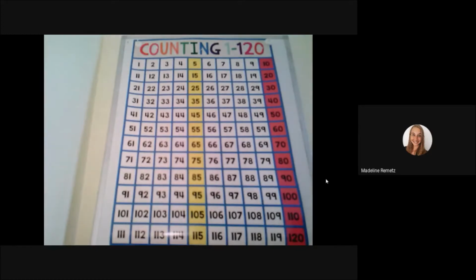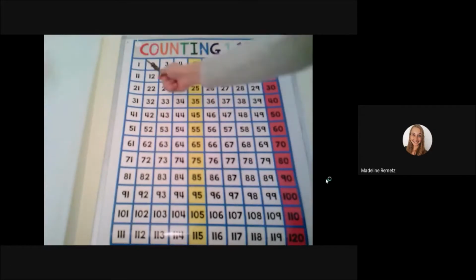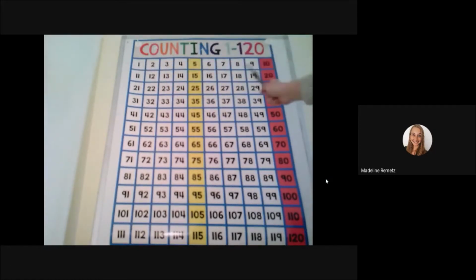I also remember you telling me how when we go across, once we get to that 10, we're jumping over and starting again. So we have all of our single digits, 1, 2, 3, all the way to 9. And once it gets to 10, that second digit comes out and we have to go into our next bundle.